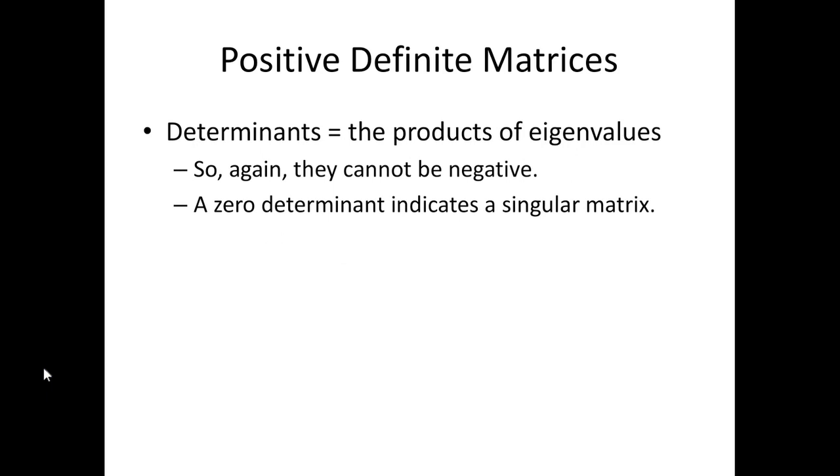A determinant is a product of those eigenvalues, so it can't be negative. And anytime you have a singular determinant, a zero determinant, that means it's a singular matrix. And 1.5 zillion years ago, I had a professor that made us calculate these. It is miserable as all get out. So just take my word for it. Anytime you have determinants that are negative or zero, that's bad for you. That means the matrix is singular.